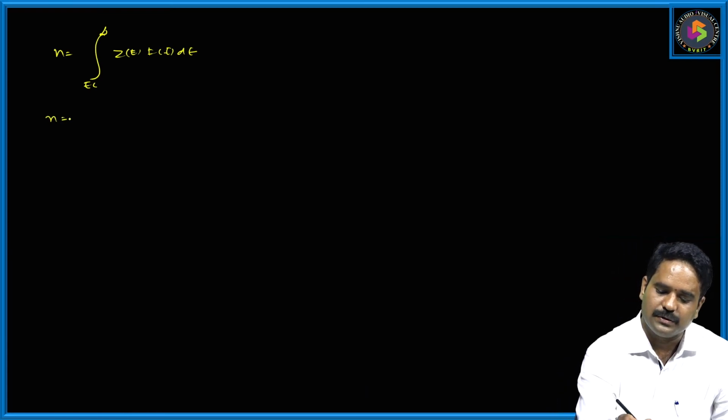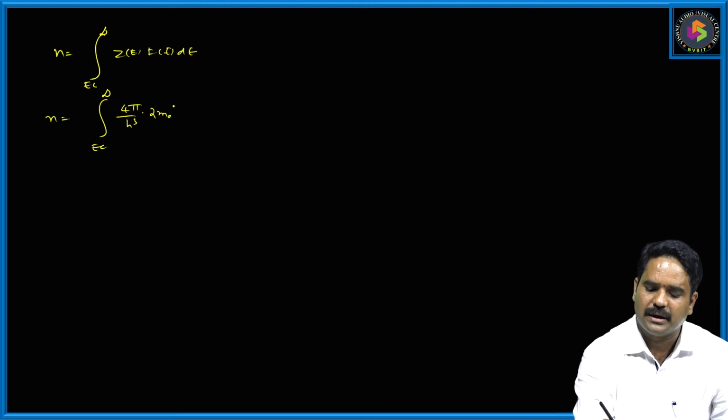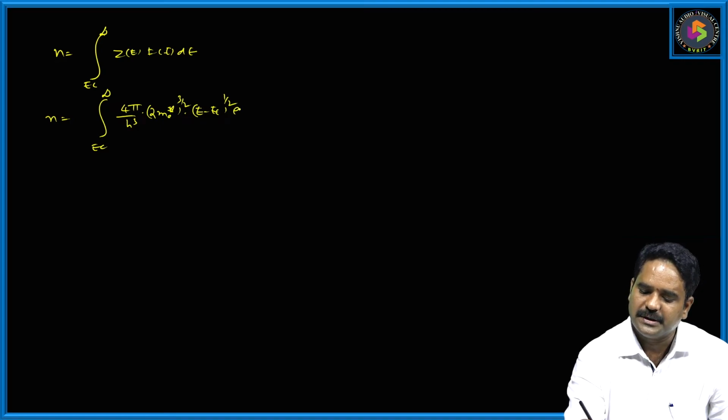Then n is equals to integral Ec to infinity 4 pi by h cube 2 me star to the power of 3 by 2 E minus Ec to the power of 1 by 2 and a Fermi-Dirac distribution function exponential of Ef minus E by kT into dE.